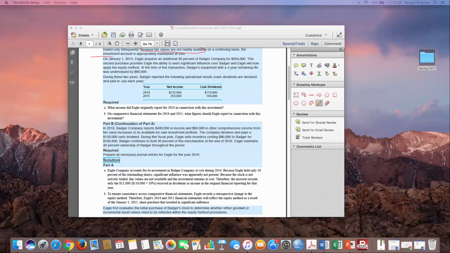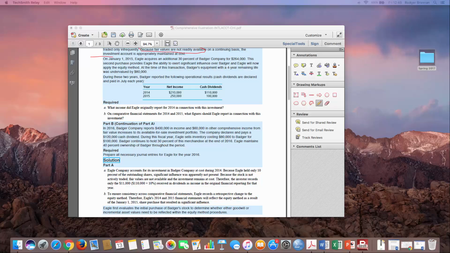Now, before we get at the mechanics here, understand what's happening in 2015. First, Eagle acquires the additional 30% of Badger, so that as of January 1st, 2015, Eagle owns a total of 40% of the equity or the common stock, if you will, of Badger Corporation. So Eagle has no choice.